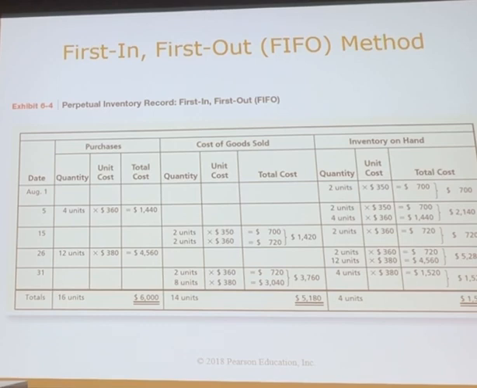So we will sell 2 of those older units that we paid $360 for. And then the other 8 units that we sell will have to be some of the units that we paid $380 each for. And what that will leave us with at the end of the month will be 4 units in inventory that we paid $380 each for.